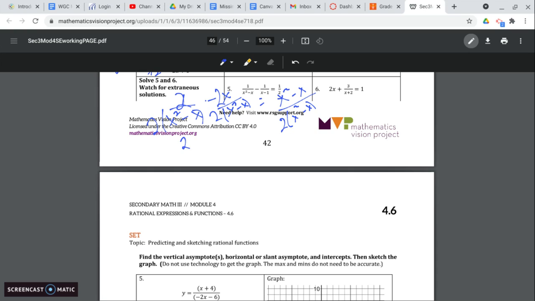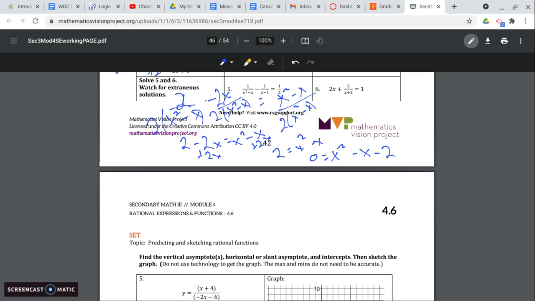So we have 2 minus 2x equals x squared minus x. Add the 2x over. We end up with 2 equals x squared minus x. Subtract the 2, so we have 0 equals x squared minus x minus 2.